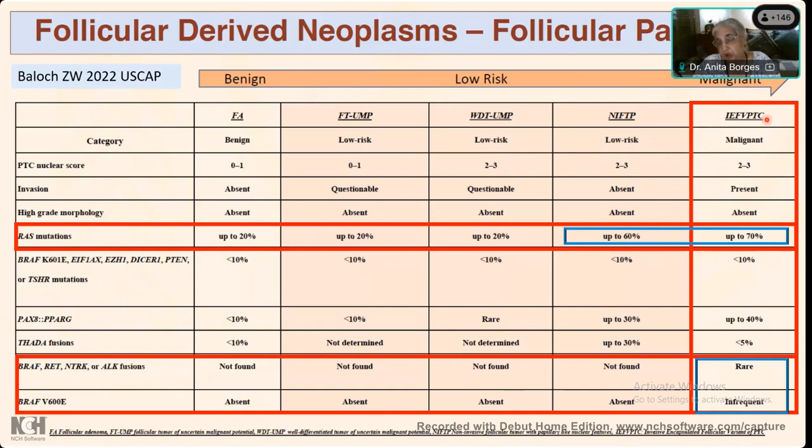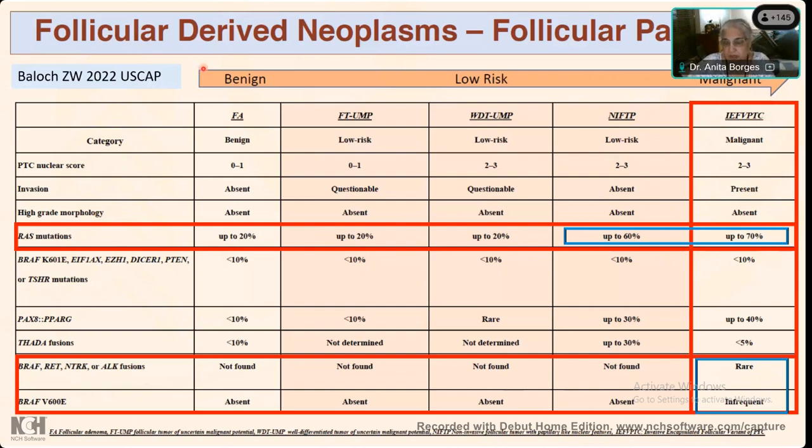So they have no mutations which are identified in true papillary thyroid carcinomas. So what do they share with papillary thyroid carcinomas? The fact that they have papillary thyroid nuclei. Nothing else do they share with papillary thyroid carcinomas. Okay, so please remember that.